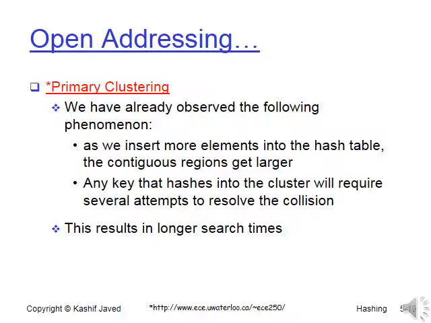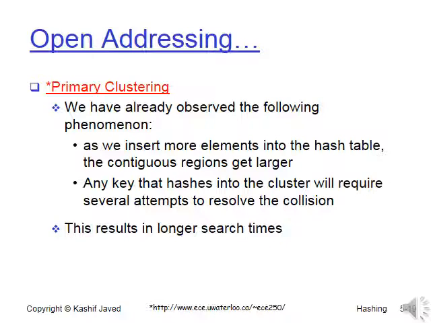For primary clustering, we have already observed the following phenomenon. As we insert more elements into the hash table, the contiguous regions get larger. In other words, blocks of data are forming when collisions are resolved.